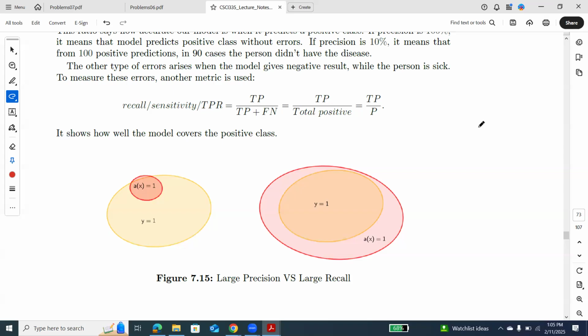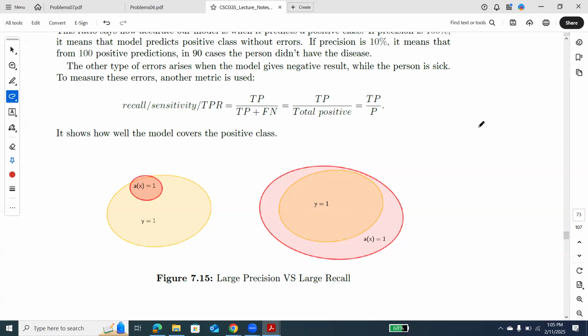You're correct. So this image actually is better, because in this case your test will say to a normal person that they're sick, but then they can take another test. But at least it will cover real sick people. So you were right.